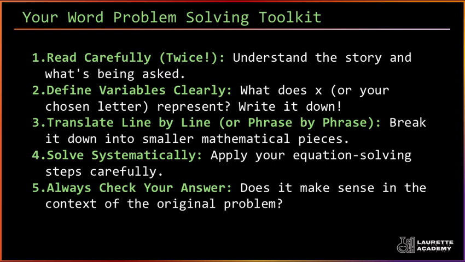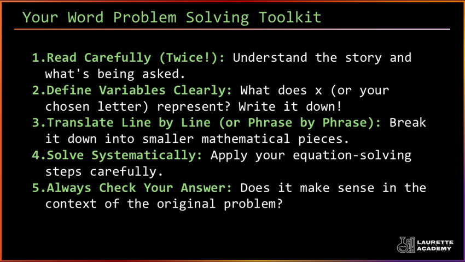Translate the words to math line by line or phrase by phrase. Don't try to swallow the whole problem at once. Break it into smaller, manageable chunks and convert each piece into mathematical terms.